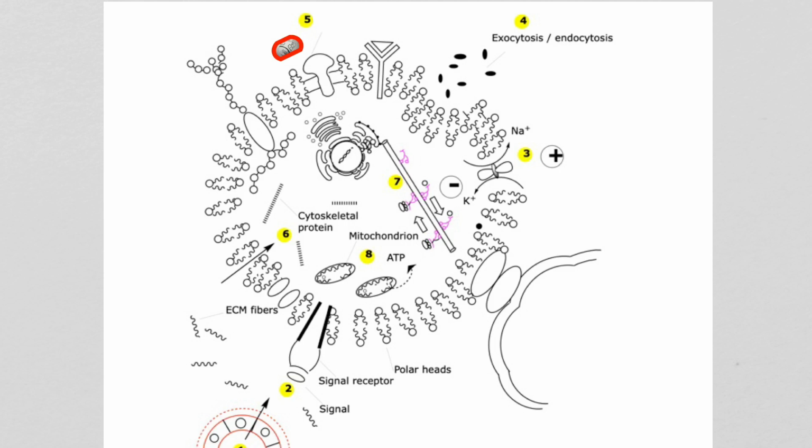For example, if this cell was an enterocyte, the cell that lines your small intestine, there are even enzymes on the surface that break down food, enzymes such as disaccharidases that break down sugars into simpler components to be absorbed by the cell. So many types of proteins: MHC proteins, transport proteins, pumps, and all the proteins involved in endocytosis and exocytosis. So a lot of transport happens.